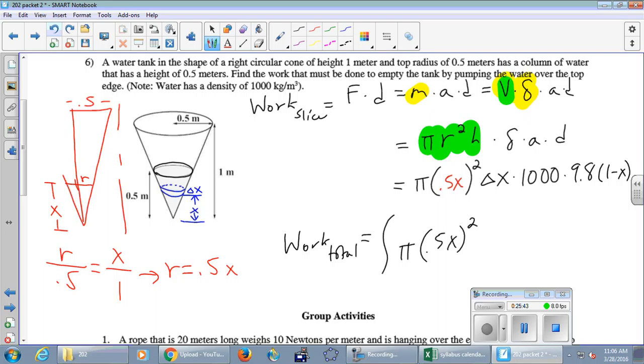Delta x becomes dx, that's important, times 1,000 times 9.8 times 1 minus x. And the limits, 0 to 0.5. It's the only place the fact that the column of water is half a meter comes in. So 0 to 0.5. We're only doing this where the water lives.